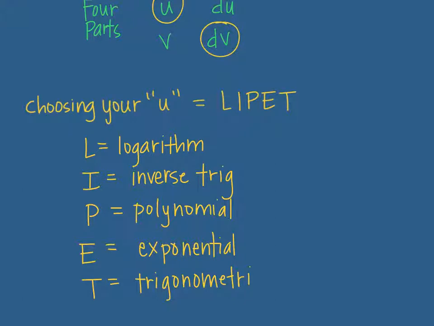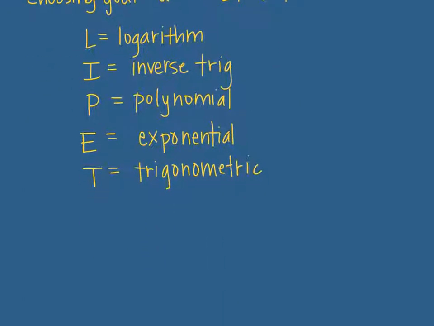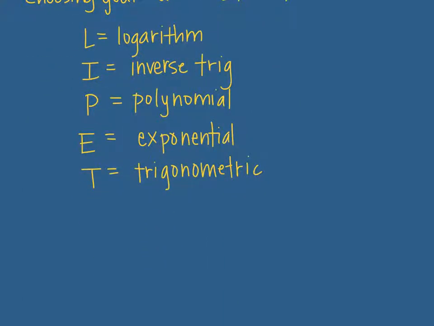It might make sense to you that a trig is the last choice, because if you choose a trig for your u, it just keeps cycling back and forth on top of itself, right? You go from sine to cosine, back to negative sine, back to positive sine. So if we can avoid it, we'll not choose the T for trig. So this all has to do with what you choose for your u substitution, and then everything else that's left would become the part dv. So you assign u first, then assign dv, and then you'll be able to figure out the other two parts.